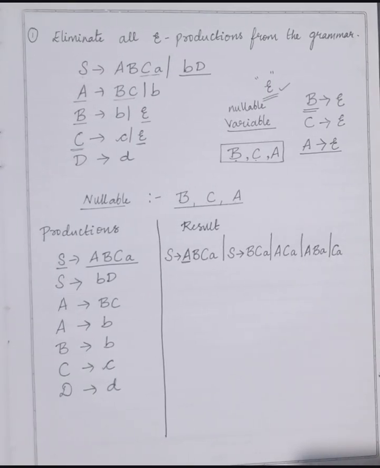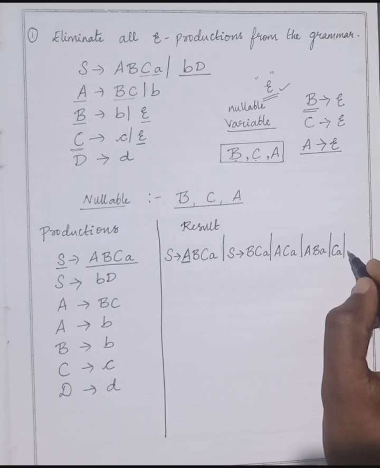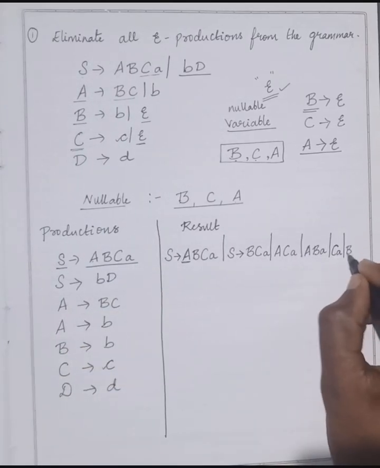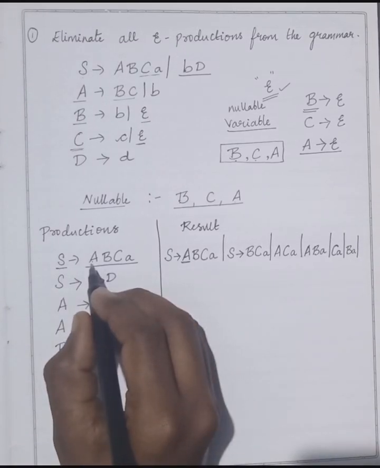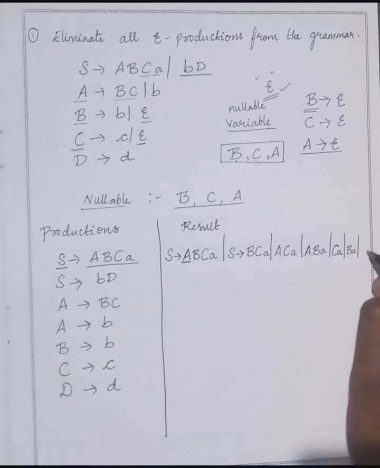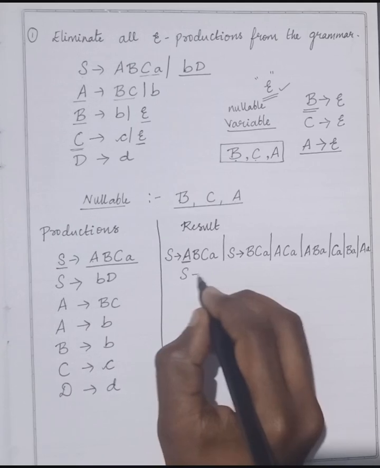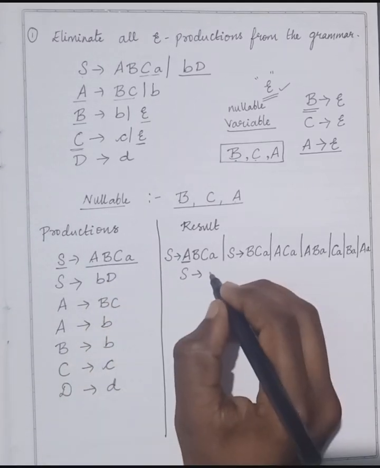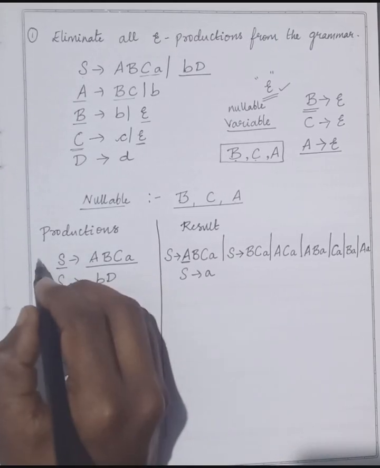If you consider AC, you get BA. Considering BC, you get AA. If you consider A, B, C all together as epsilon, you are left with only A. That is the resulting production for the first one.